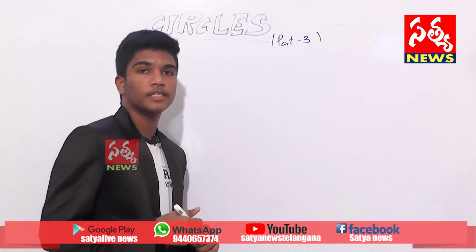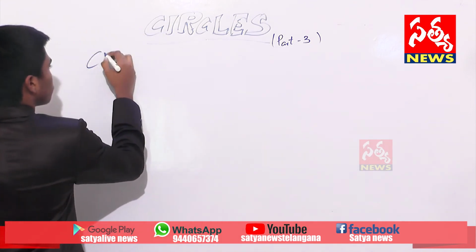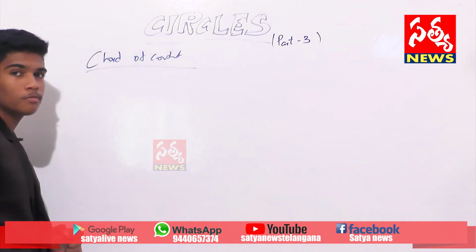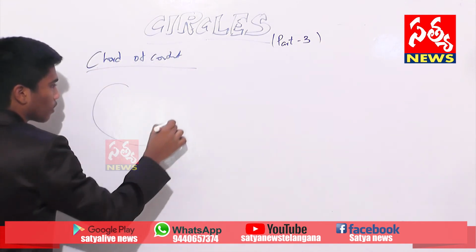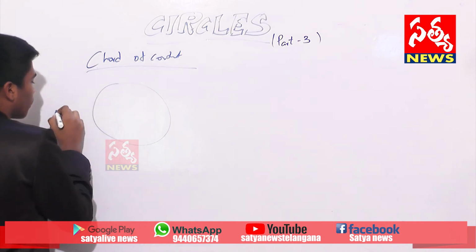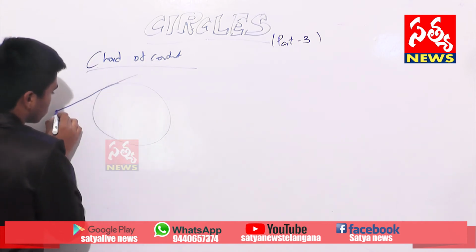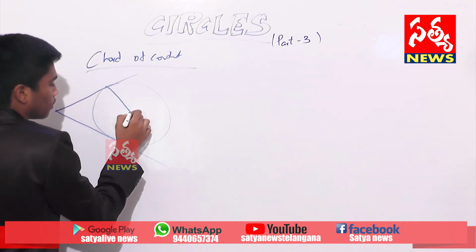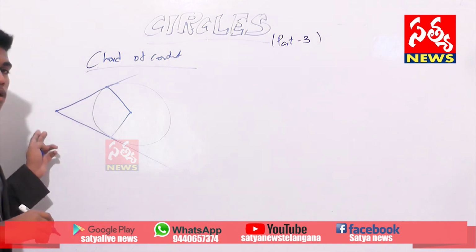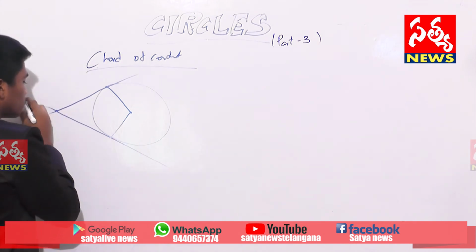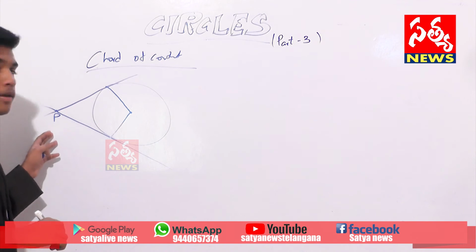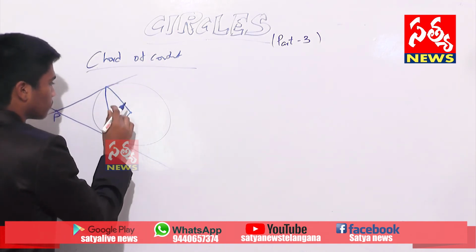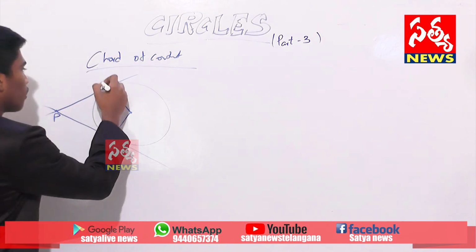And now let's discuss chord of contact. What is meant by chord of contact? Chord of contact is the line joining the points of contact of two tangents drawn from the same point P. See, this is the chord of contact.